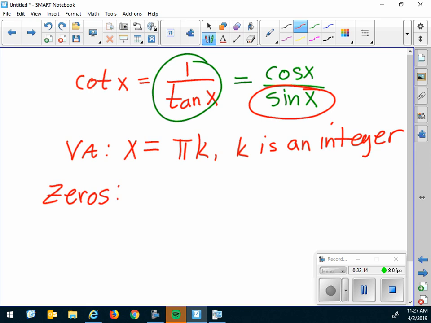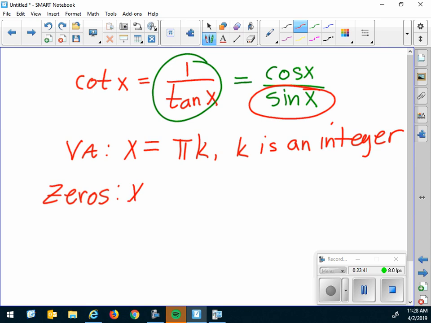Where are your zeros? A fraction's equal to 0 when? Good. When the numerator is 0. When is this numerator equal to 0? When cosine is 0, which happens at pi over 2 plus pi, right, so pi over 2 plus pi k.